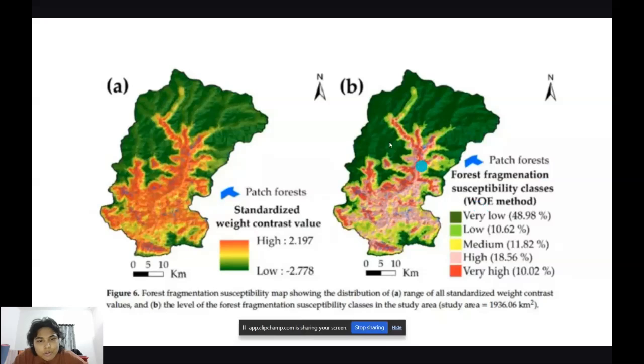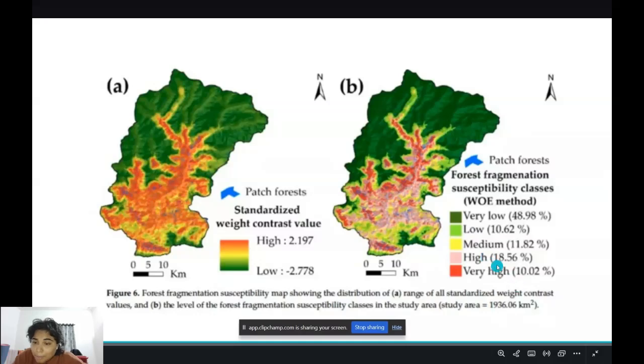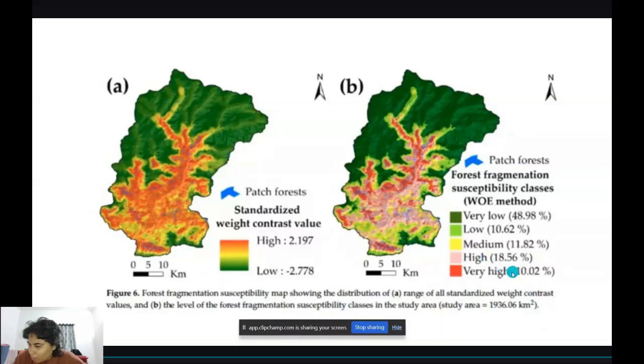So in this particular map as well, you see areas which are very highly susceptible to forest fragmentation. Okay, these orange ones, you will see them here. That's the only color there. Then you have this peach color, lighter pink color, high susceptibility. You will see together it is amounting to around 28.5%.